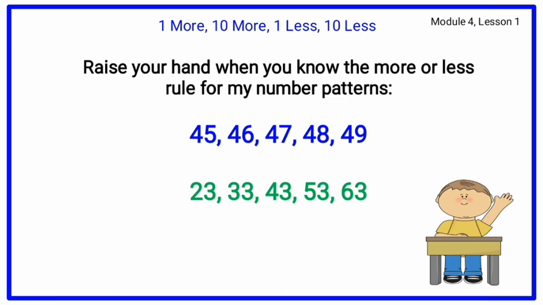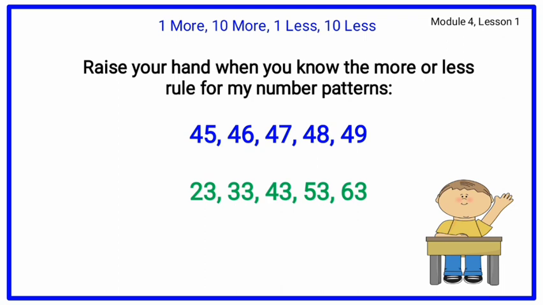23, 33, 43, 53, 63. What's my number pattern here? Is it still 1 more? Now look at it again. All of my ones are the same. So the changes occurred with my tens.